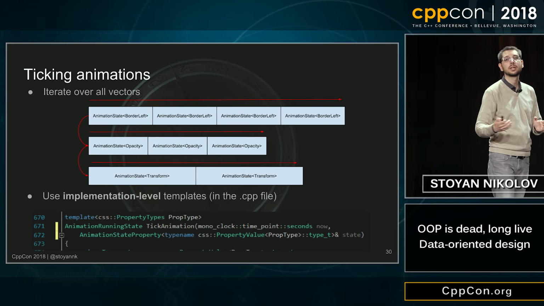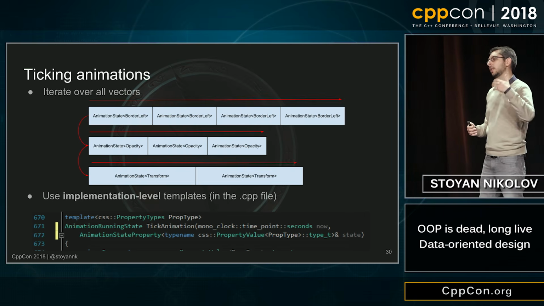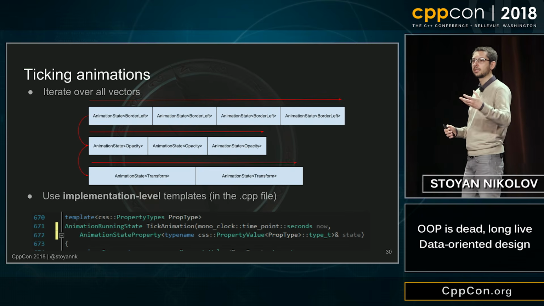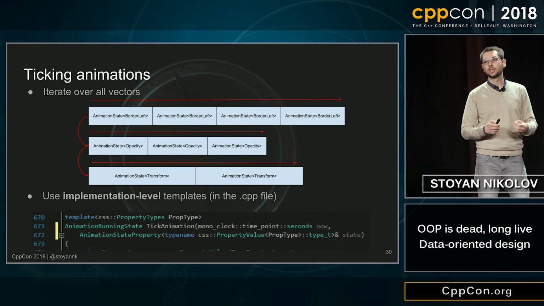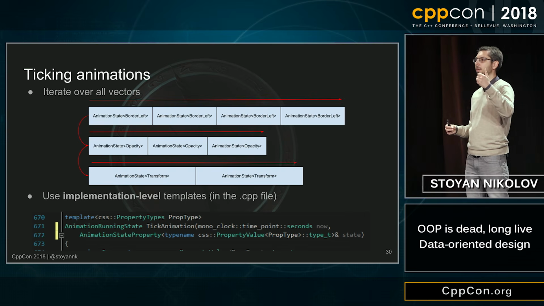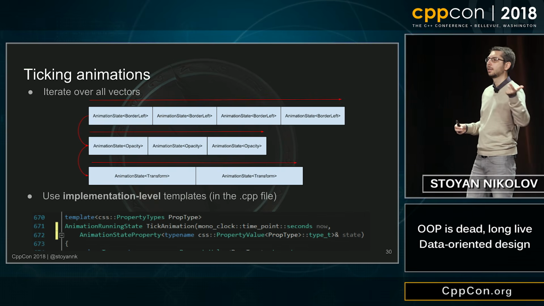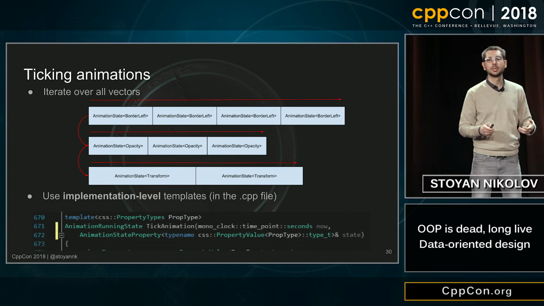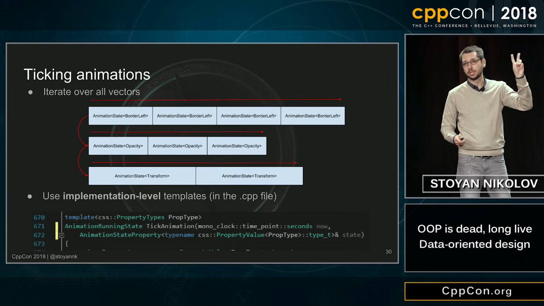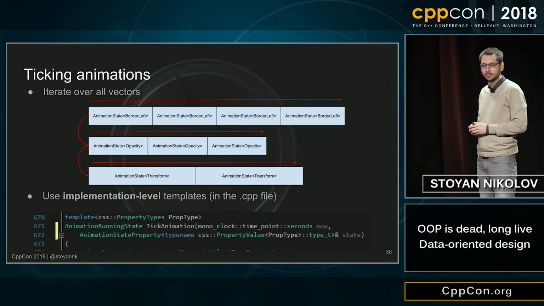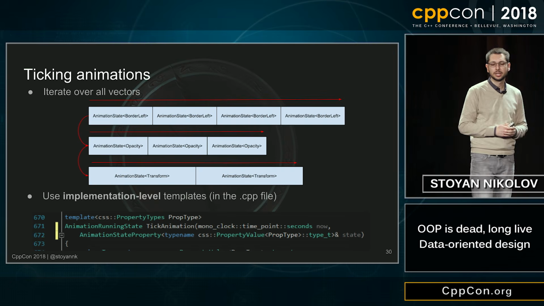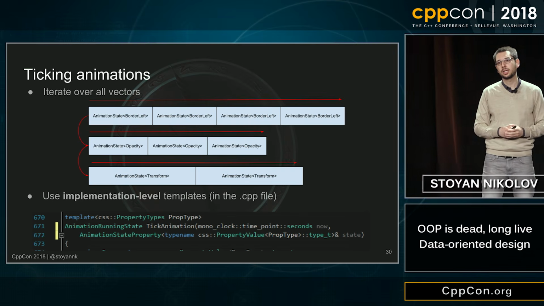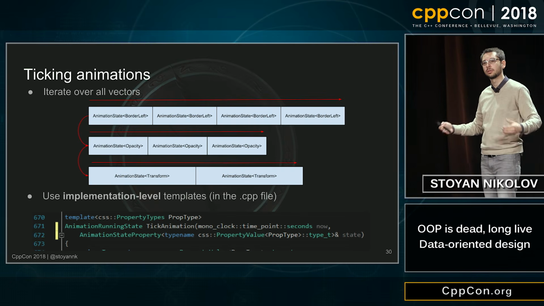So these are different animations. So in the object-oriented case, we got 6,000 cache misses each frame. In this case, we're just walking over the color and the position. So we'll be getting just 2 cache misses, probably. And on the implementation level, it's very easy. We can template our tick animation function according to the property and just have the same code running.